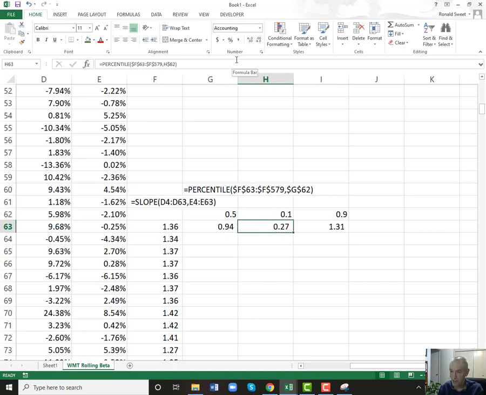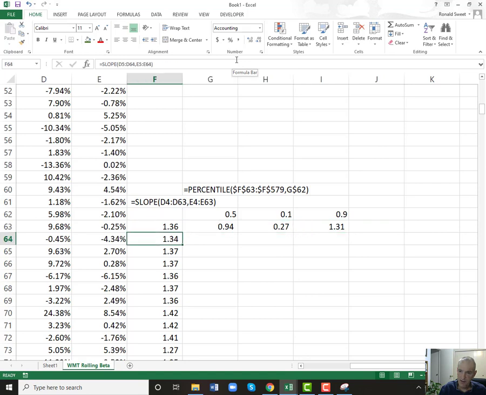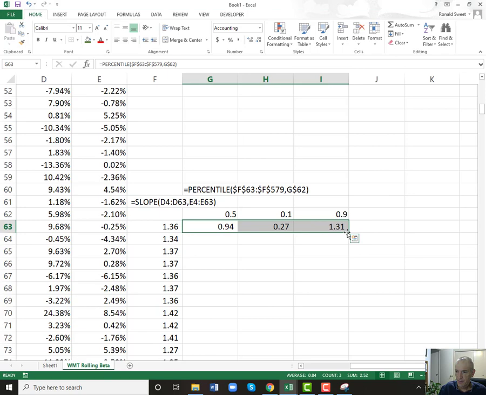The 10th percentile is 0.27, which is where we are right now. Walmart is at almost its all-time low for its beta, and then its 90th percentile is 1.31. That's almost all of this period here, and then you can copy that down.